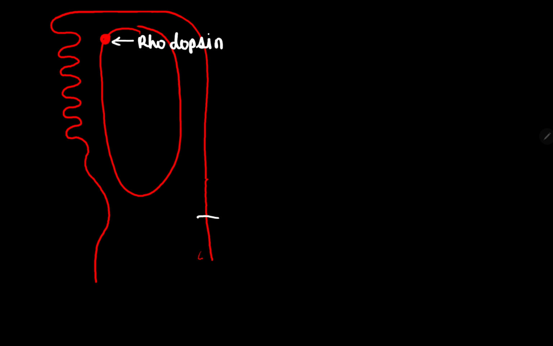And in the membrane of these rod cells, they have different types of pumps and channels. Some channels are called sodium ion channel and calcium ion channel. These channels will allow entry of sodium ions and calcium ions. In general, this is how it happens.